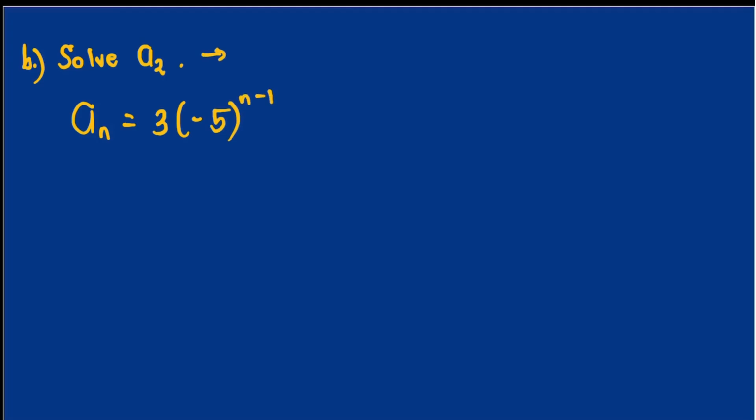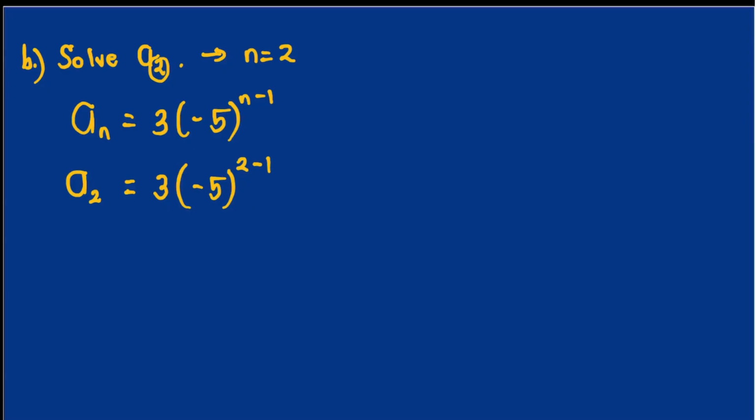So, ang n natin dito niyan is 2 kasi 2 yung hinahanap. Second term. So, A sub n is 2. Let's substitute n by 2 is equal to 3. Multiply negative 5 raised to 2, substitute, minus 1.